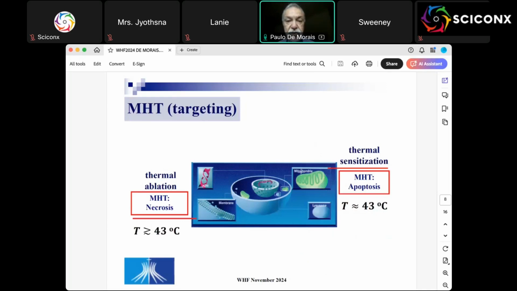So the big difference is that in thermal ablation, you induce in the body a very strong reaction from the immune system. And this strong reaction is not desirable.